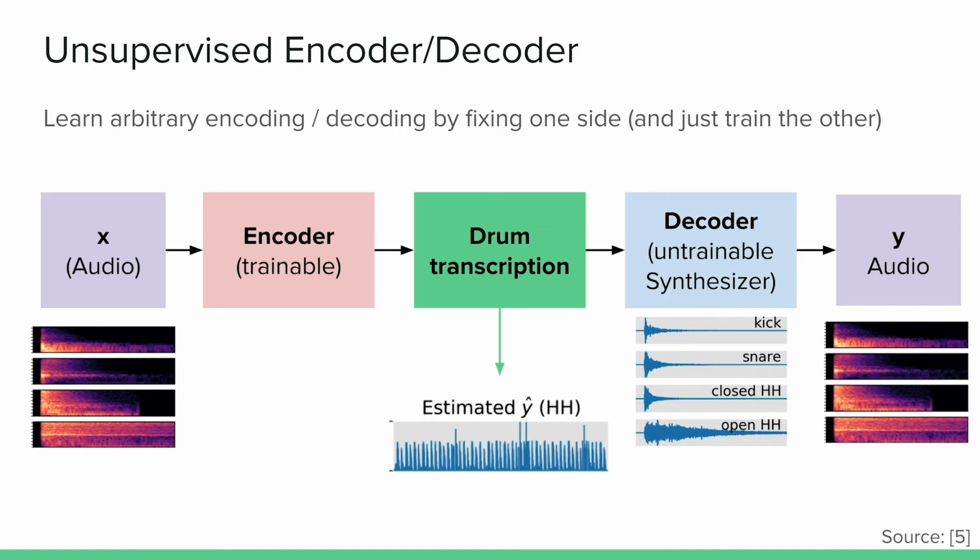And this thing works, and I think it's a super exciting idea, because you can come up with many other ideas where you fix one part here, either the decoder or the encoder, and then be able to train a certain task in an unsupervised way. And unsupervised learning is always better because you can just use unlabeled data.